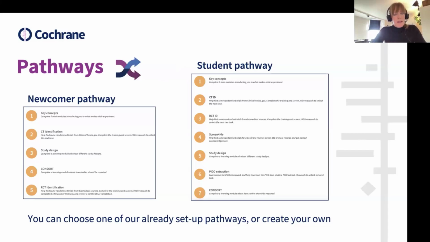And under the newcomer pathway, this is aimed at people who are completely new to health research. So it's a combination of learning and doing some tasks, as is the student pathway. The student pathway is more aimed at those who are doing a health-related course at the moment. So it could be a medical student, for example. But you can also now create your own pathway as well. And I'll talk more about that when we do the demo part of the webinar.